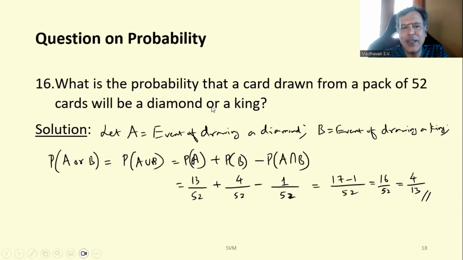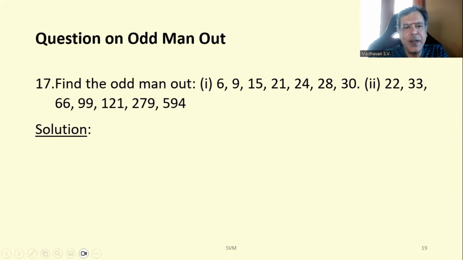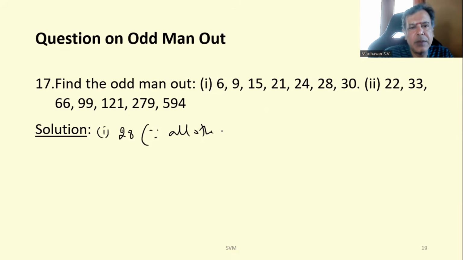Let us move on to the next. Find the odd man out. You may notice 6, 9, 15, 21, 24, 30. Except 28, all others are divisible by 3. So the odd man out is 28. Reason: all other numbers are divisible by 3.